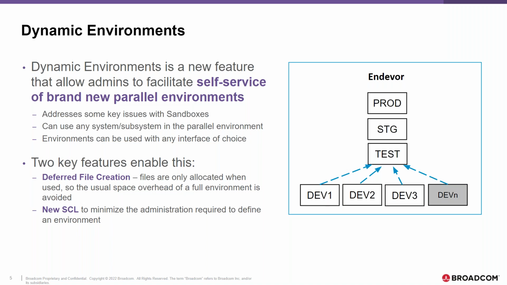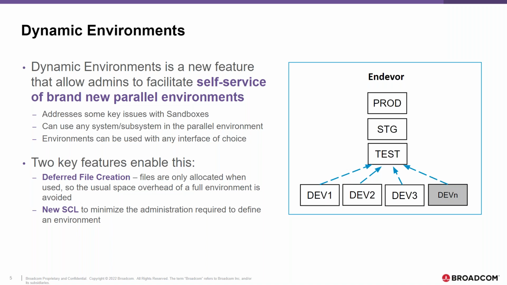And of course, that's true. If we were allocating the backing files for every single environment, and we had 200 environments, you would quickly go through your DASD. So the first feature that we considered critical to enabling this approach is something called deferred file creation. Essentially, you can now define your environment such that the files that back the environment are only allocated when they're used.